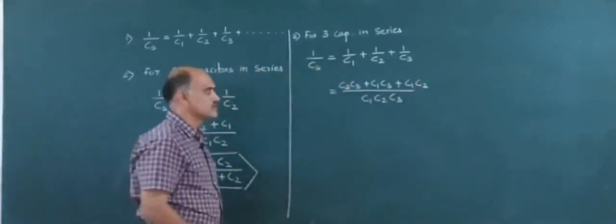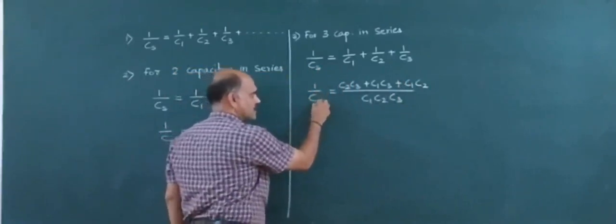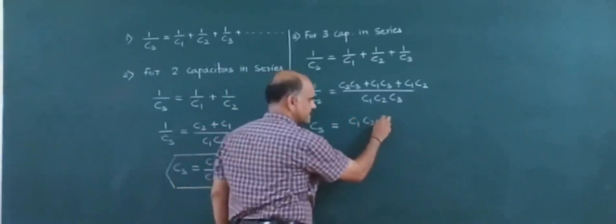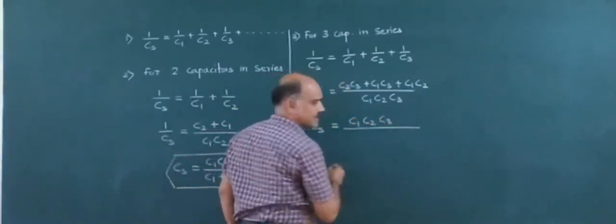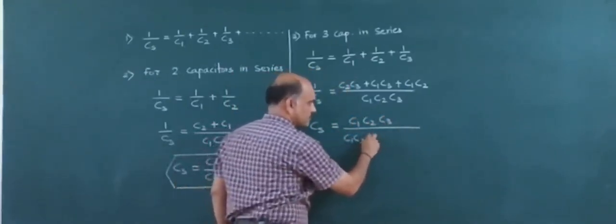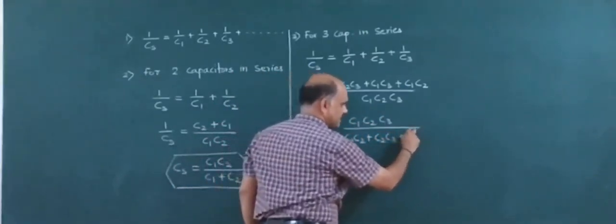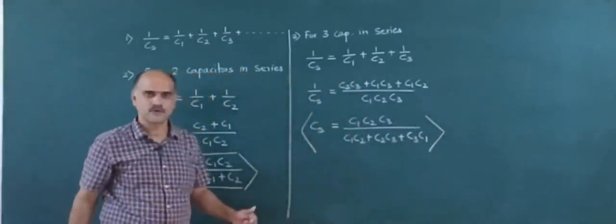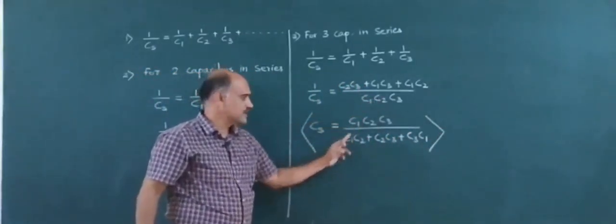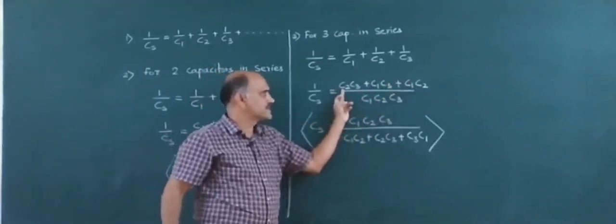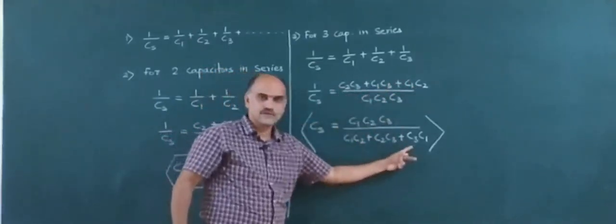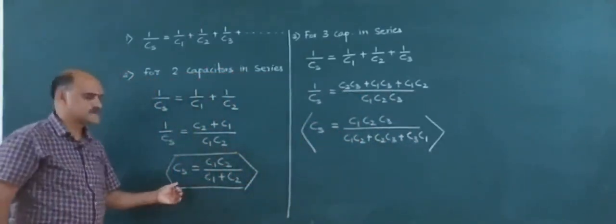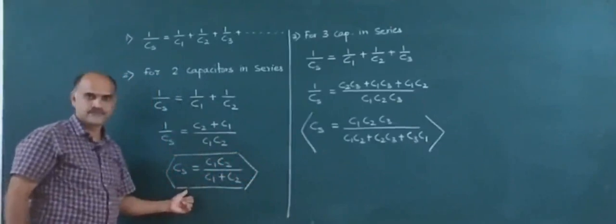If I take reciprocal, I will have Cs is equal to C1 C2 C3 divided by C1 C2 plus C2 C3 plus C3 C1. So this will be very much helpful for solving problems. These two will be very helpful to solve the problems very fast.